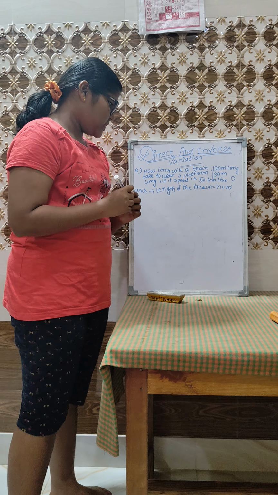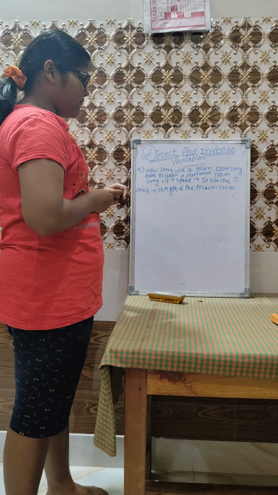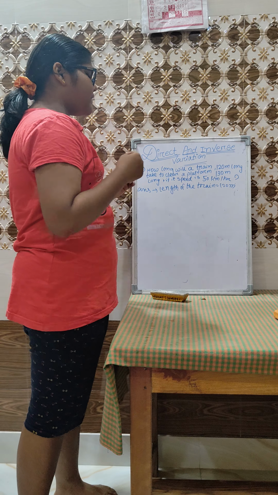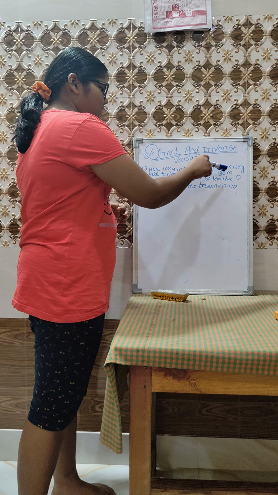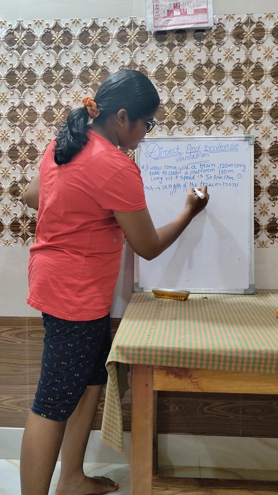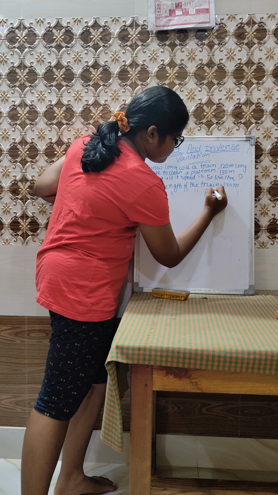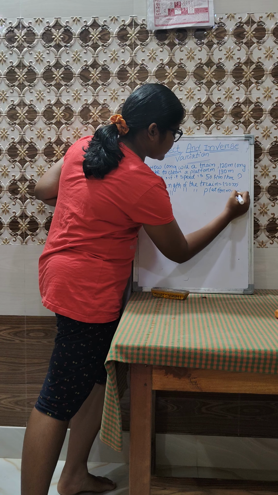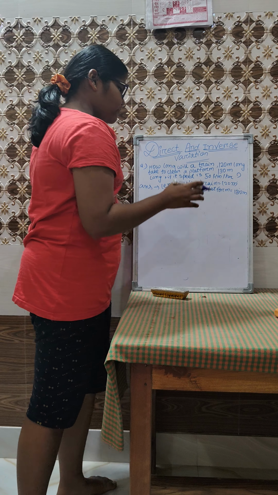Next sentence, take to clear a platform 130 meter long. Then another information we get is that platform length is 130 meter. Length of the platform equal to 130 meter.